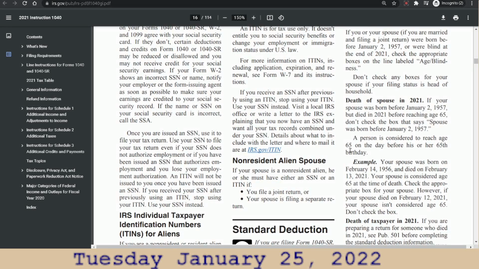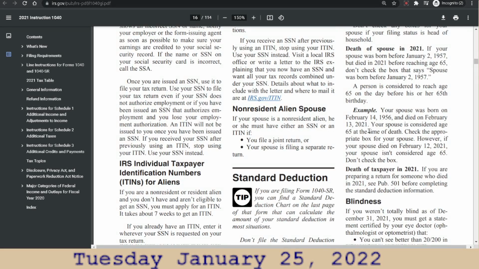A person is considered to reach age 65 on the day before his or her 65th birthday. Okay, if your spouse was born on February 14 and died on February 13, 2021, your spouse is considered age 65 at the time of death.